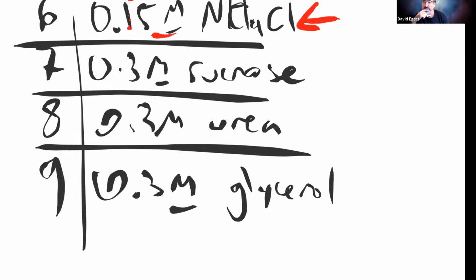Remember, in your hypothesis, you should have a reason. Like, why does it make sense that the ammonium chloride would penetrate? Right, because these are going to be ions. Right, ions typically don't penetrate.